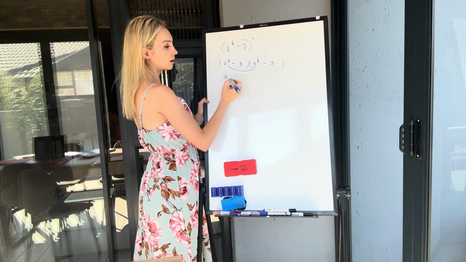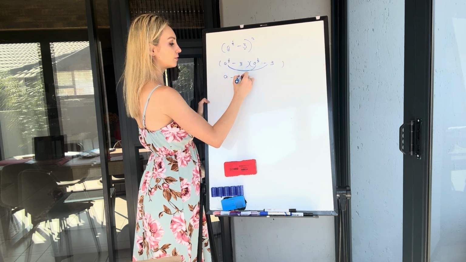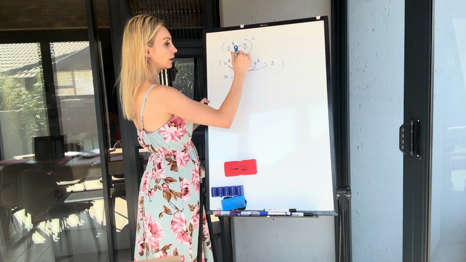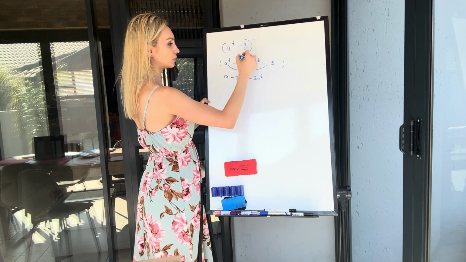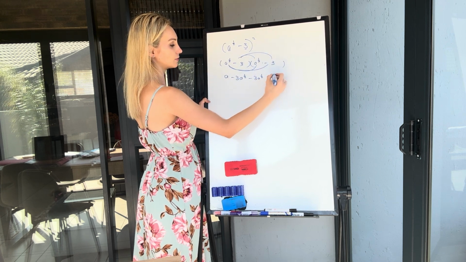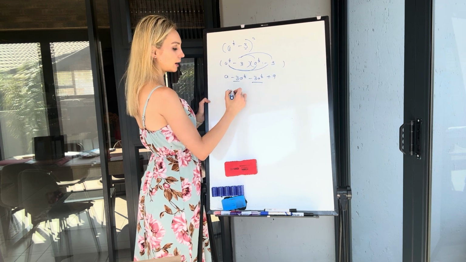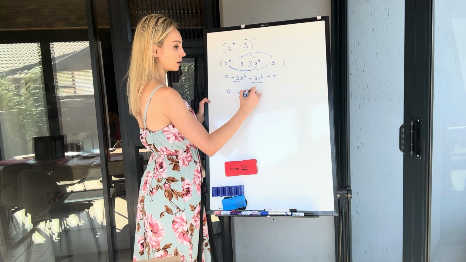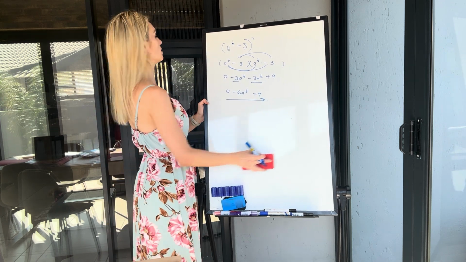So a half plus a half gives me 1. Then I'm going to multiply that with that to get negative 3a to the power of a half, and multiply that with that to get negative 3a to the power of a half, and multiply that with that to get positive 9. I can then simplify this by saying negative 3 minus 3 gives me minus 6a to the power of a half plus 9. Simple as that.